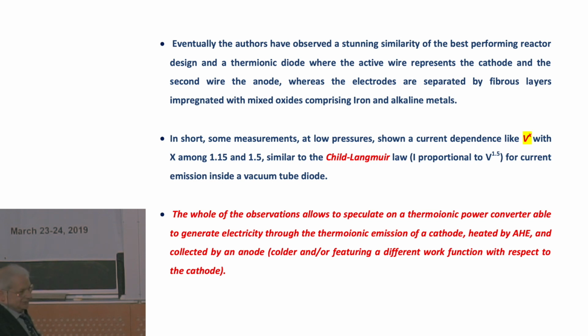So the dependence is not linear with the voltage, but larger. So it means there is at least a component that follows the Child-Langmuir equation: true electron emission plus another parameter that we cannot discover, but was there. Why not 1.5? Why less? Why two parameters? It's the argument of today.